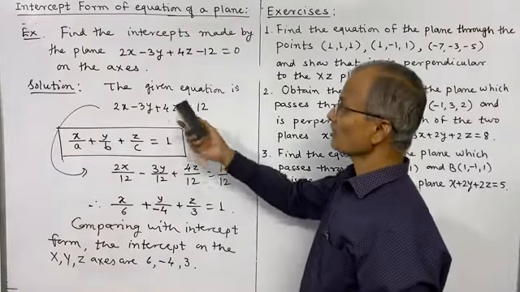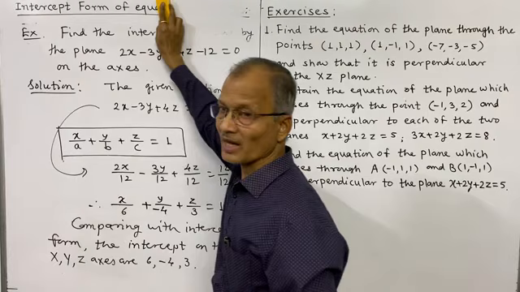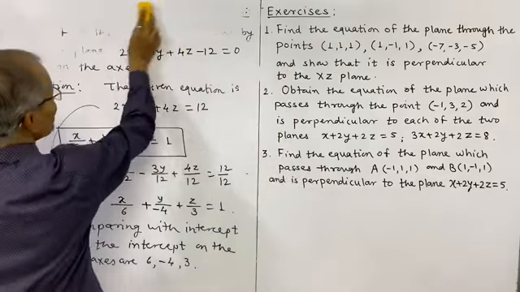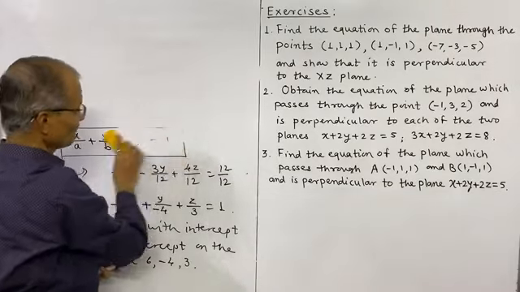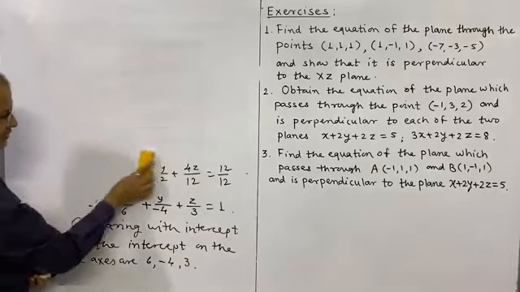So this is about the intercept form of a plane, and thus up till now we have seen the general form, normal form and intercept form of the equation of a plane. 3 forms we have seen.